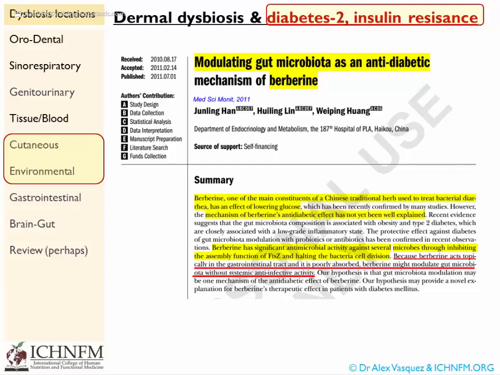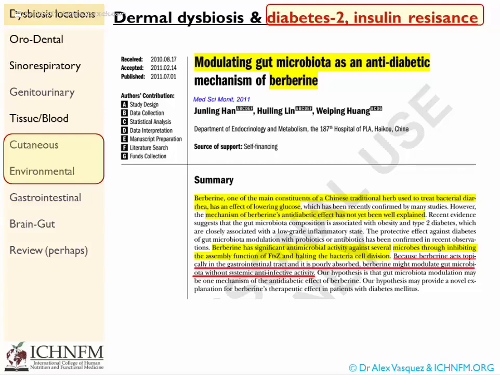This is from Medical Science Monitor 2011, modulating gut microbiota as an anti-diabetic mechanism of berberine. The reason that I chose this study to exemplify the concept is because you get two good pieces of data from the study.